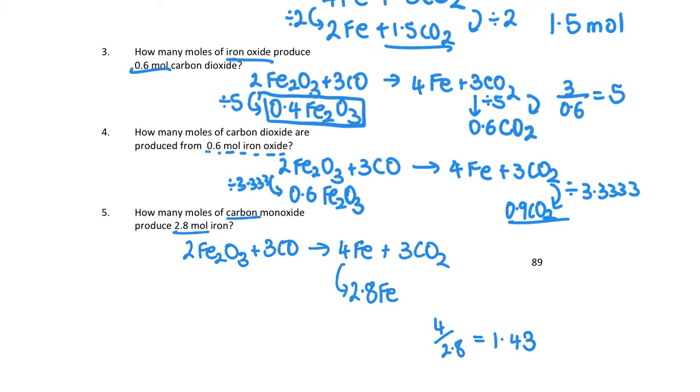So 4 divided by 1.43 will get us to 2.8. So we're going to divide this 3 from the carbon dioxide by 1.43. 3 divided by 1.43 will get us to 2.01 moles of CO. Oh, actually 2.1, I rounded it wrong, my bad.